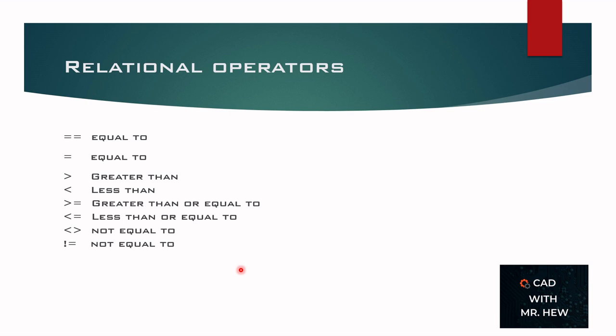So the relational operators are equal to, greater than, less than, greater than or equal to, less than or equal to, not equal to, and this is also another way to represent not equal to.